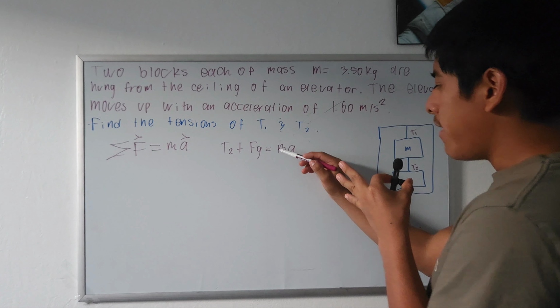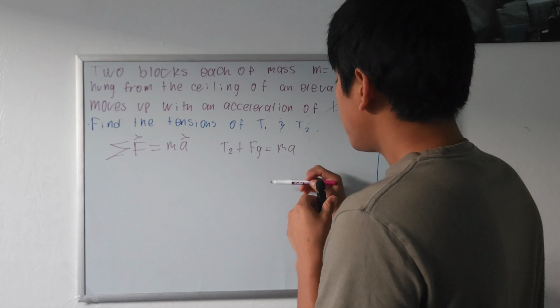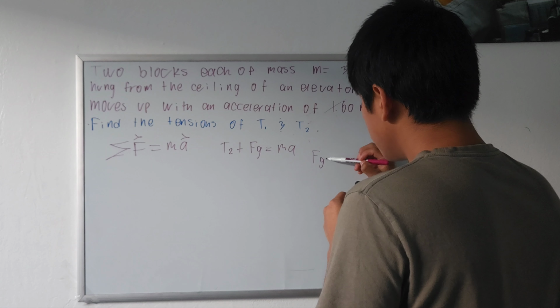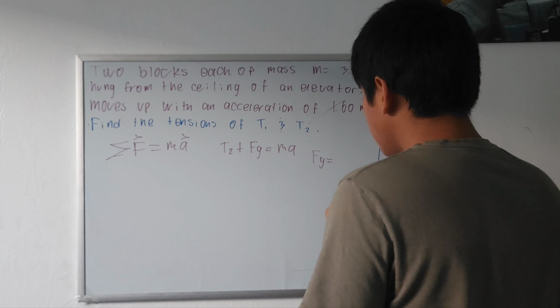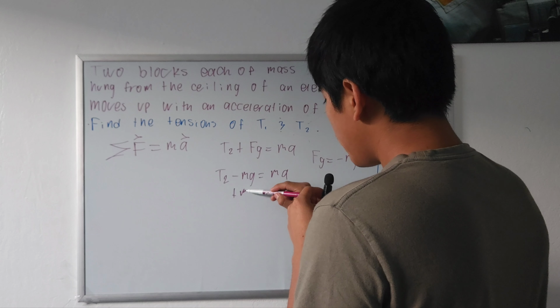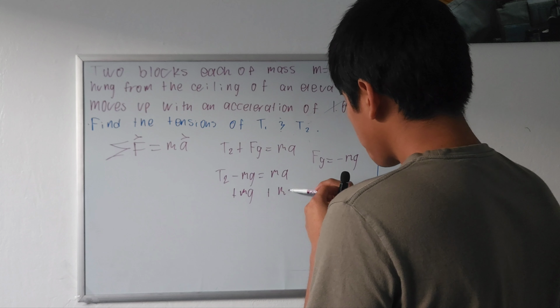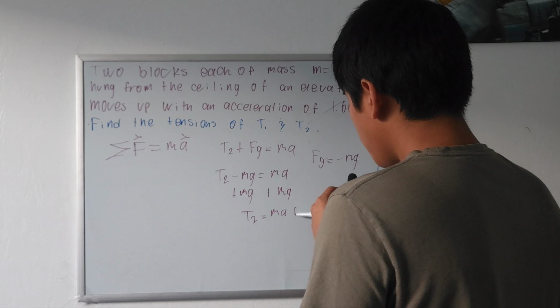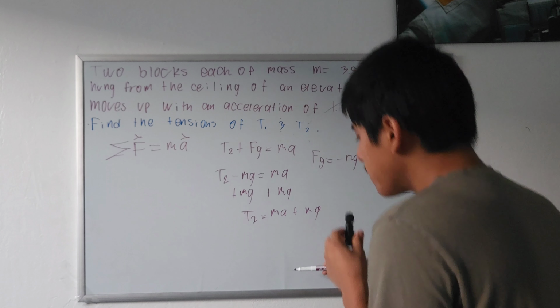So it's just going to be m instead of 2m. So now we write this again. Remember, the force of gravity can be rewritten as negative mg or minus mg. So now we have T2 minus mg equals ma. Isolate T2, so we're going to add mg. We get that T2 equals ma plus mg.